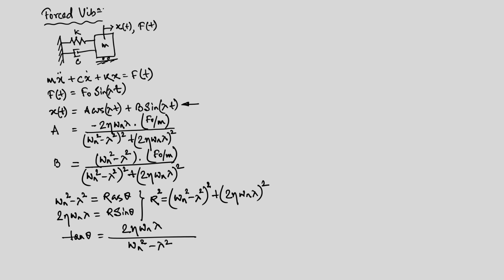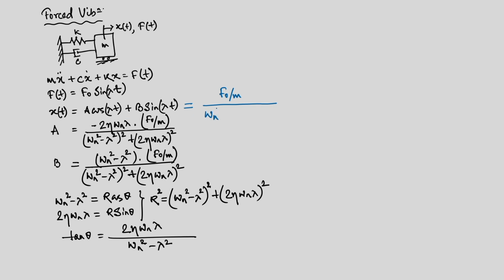Now, if we apply this simplification and then we write down the expression for this particular integral, obviously what we will get here, we will obtain f naught by m, it will remain there, and what we have in the denominator.